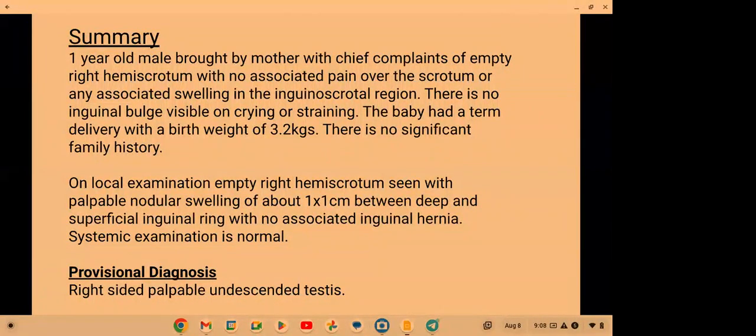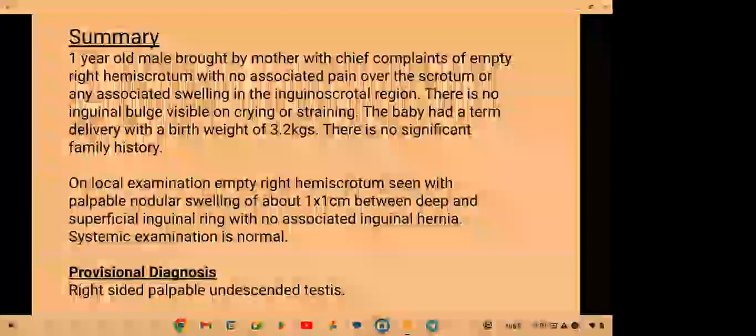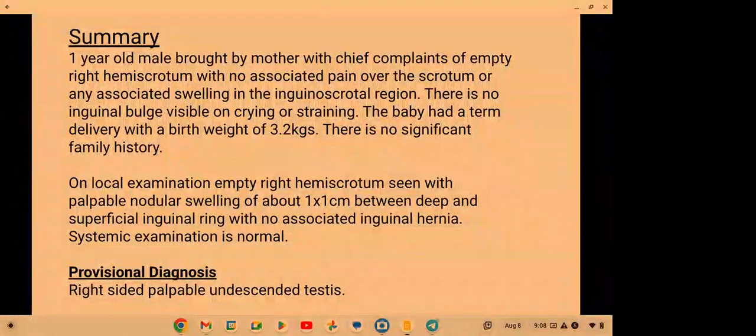Sometimes even after that, if there is no improvement, then we have to proceed for surgery. And if it is a preterm baby, then we have to wait at least 1 year to check for complete development.